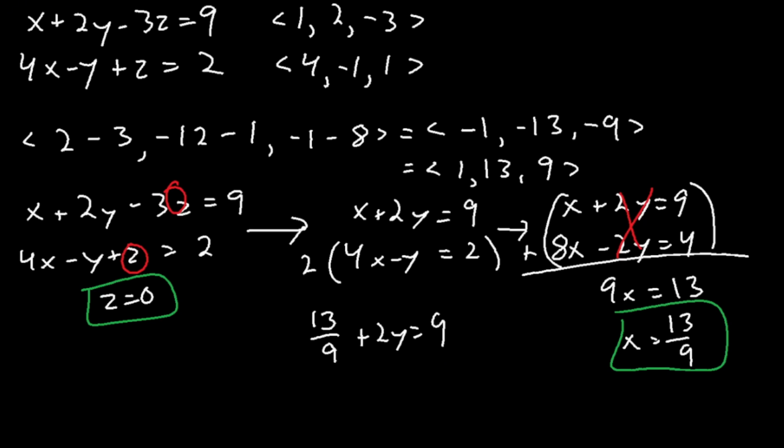Let's just solve for y. 81 minus 13 is 68. So we get 2y is equal to 68 over 9, divided by 2. And then y is equal to 68 divided by 2, 34 over 9.